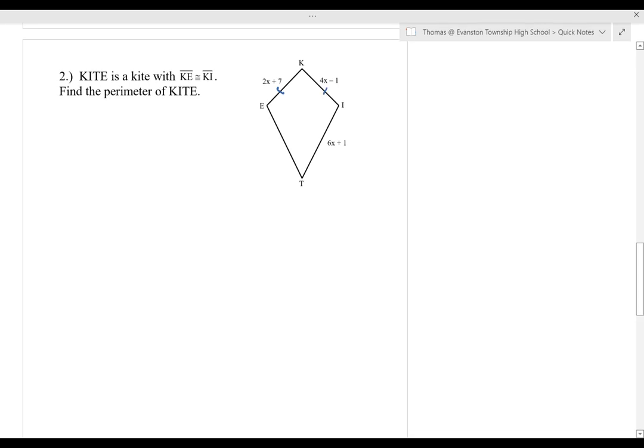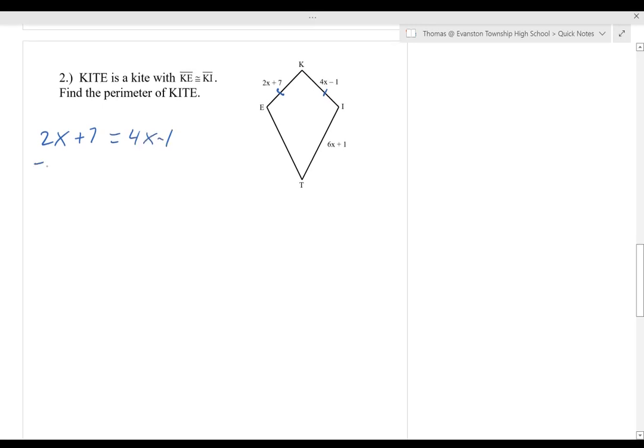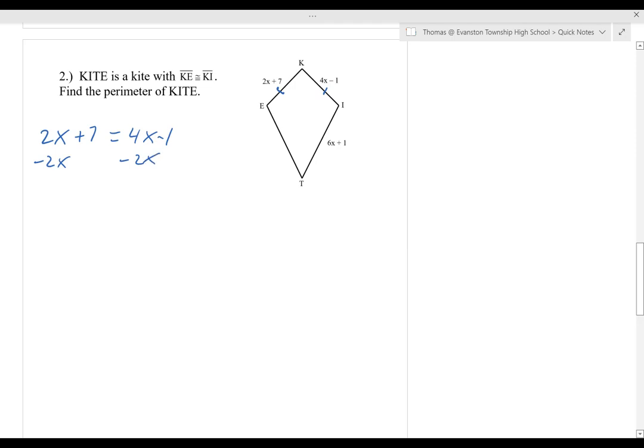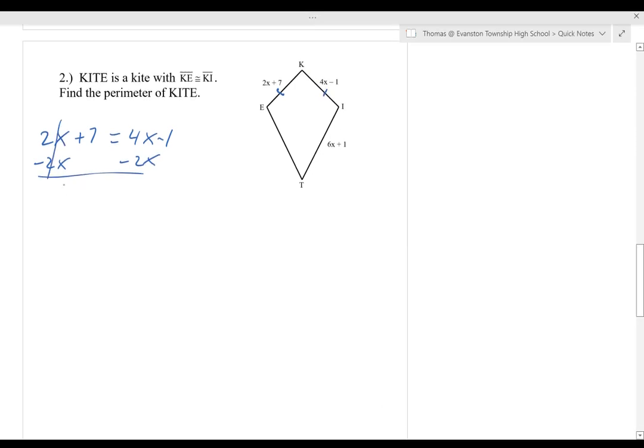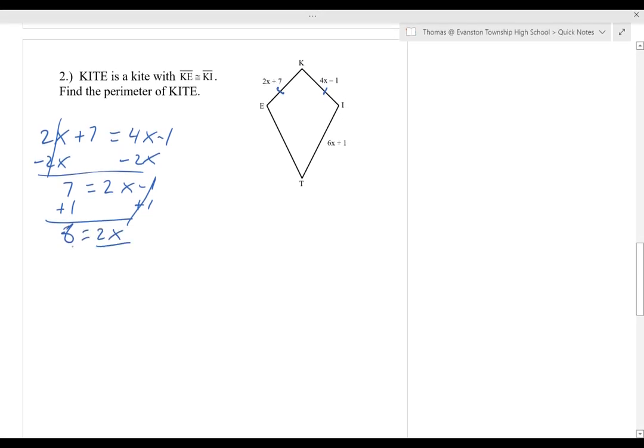Those being congruent, I can solve by putting them equal to each other and solving. So I'll subtract 2x from both sides. We get 7 equals 2x minus 1. I'll add 1 to both sides. We get 8 equals 2x. Divide by 2. And we get 4 equals x.